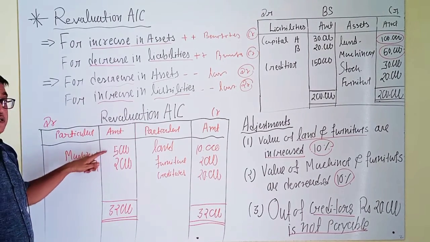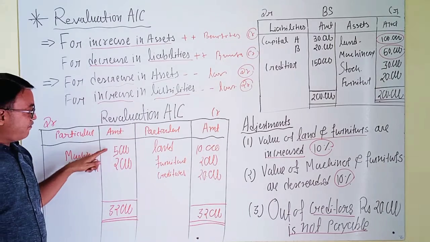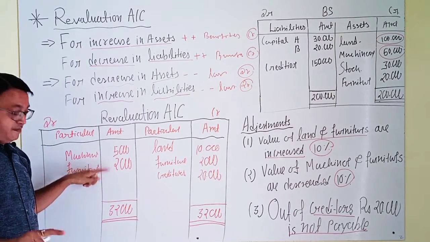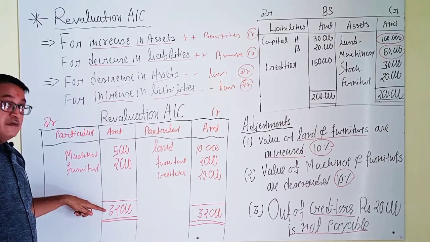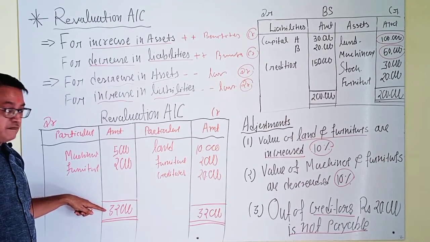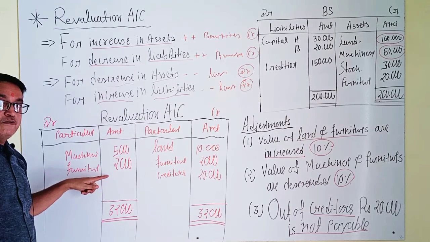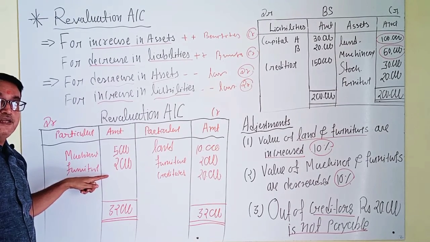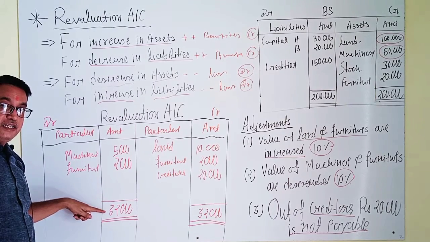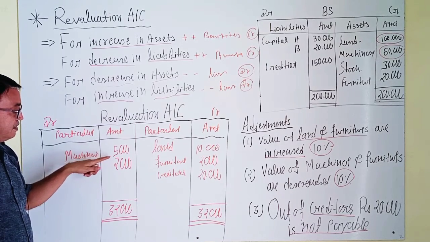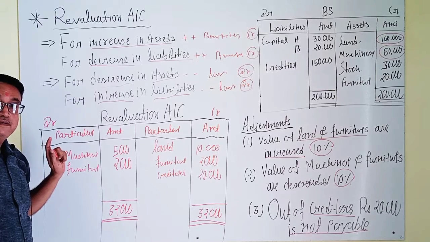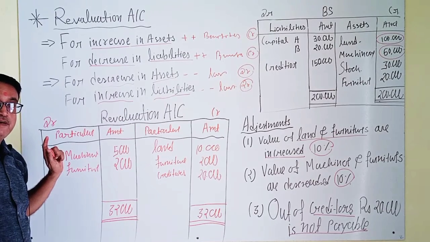Here is only 7,000, 5 plus 2. Please subtract 32,000 minus 7,000. What will be the amount? Please tell me. First on your calculator 32,000 and minus 7,000. Then what will be the amount?